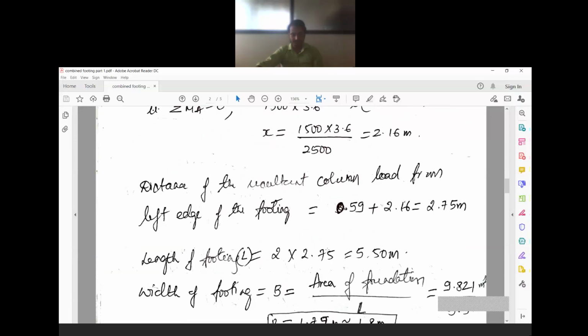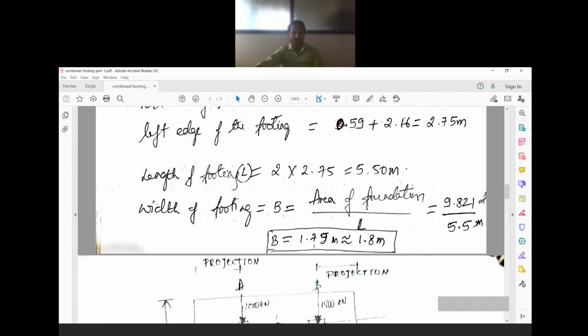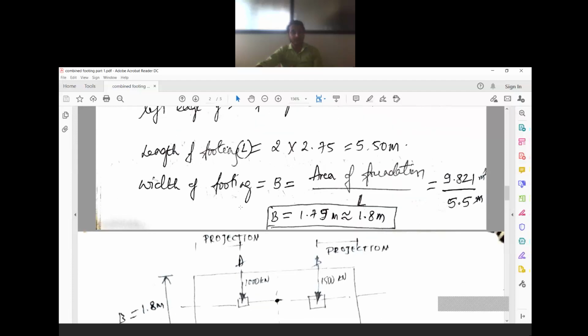Now observe. What we have done, we got the length of foundation, which is 5.5 meter. Next, we shall calculate the width of foundation. How to calculate the width of foundation?